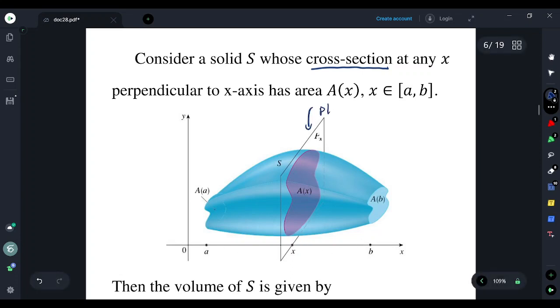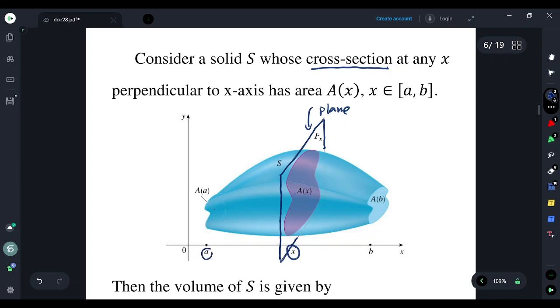This is the plane, perpendicular to the x-axis, and suppose the cross section of the plane with the solid is as shown, and suppose we can calculate the area at each x. So this is at the point x, at the number x here.